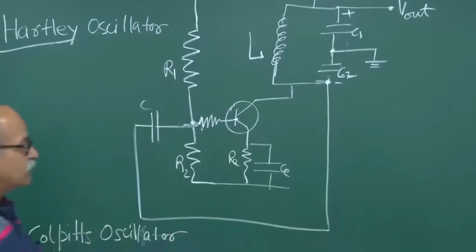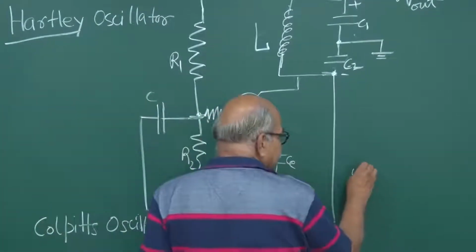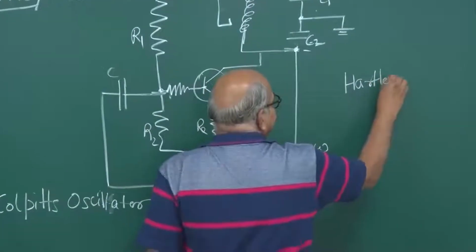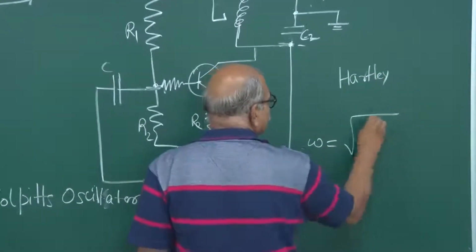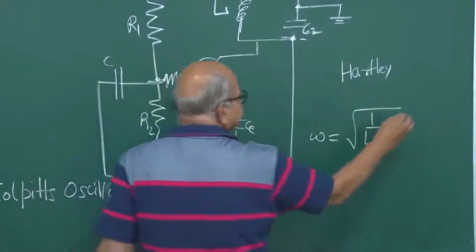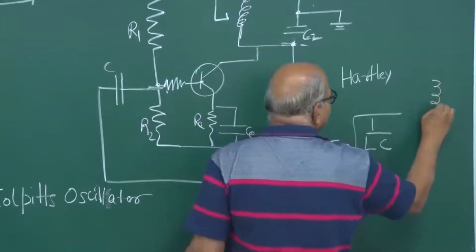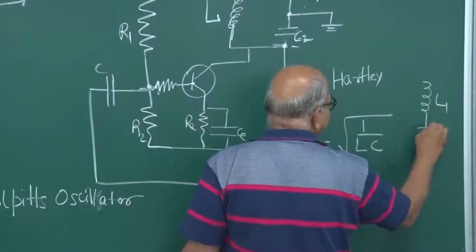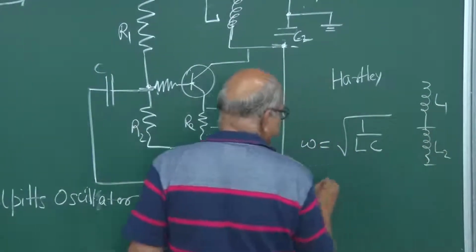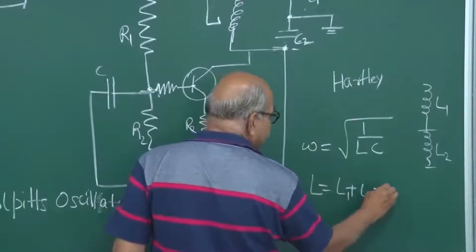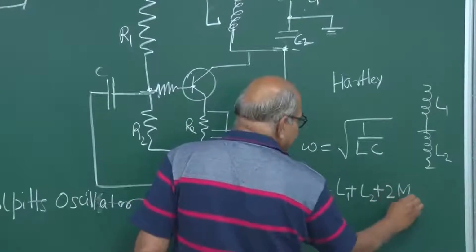The resonant frequency in the case of Hartley is square root of 1 over LC, and this L, you had 2 of them, L1 and L2. So L is equal to L1 plus L2 plus the mutual inductance.